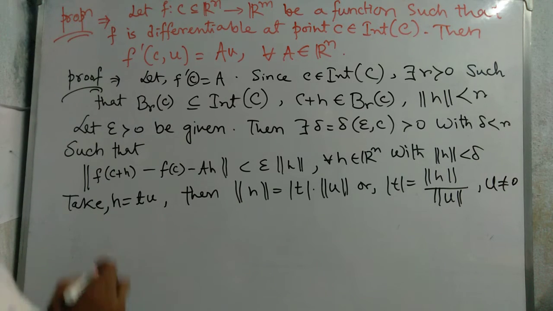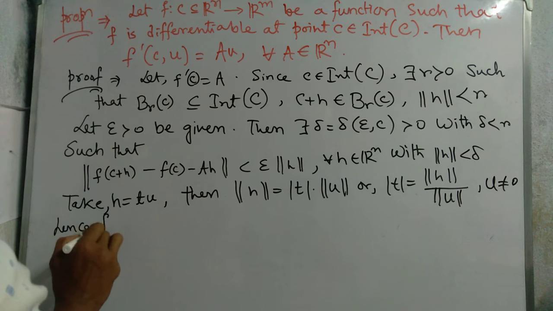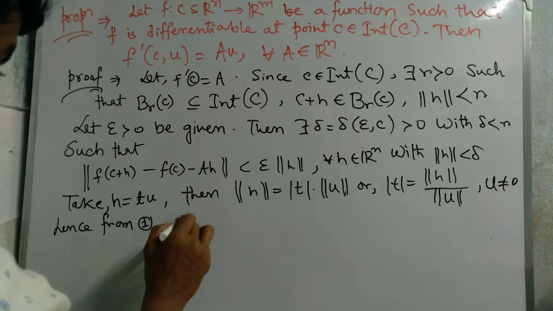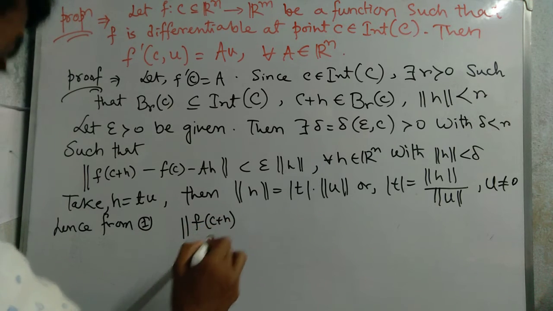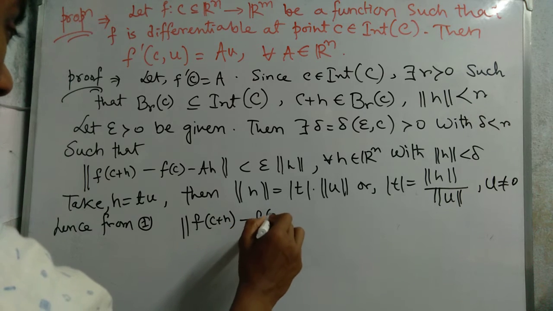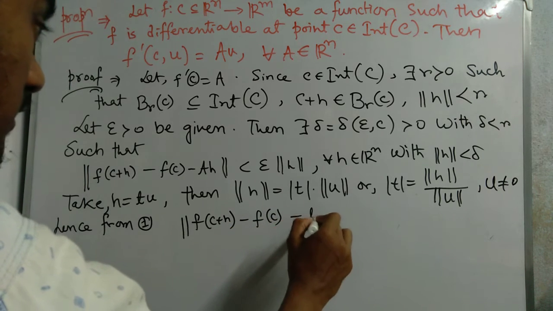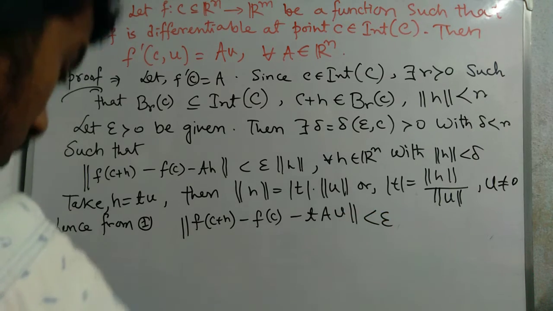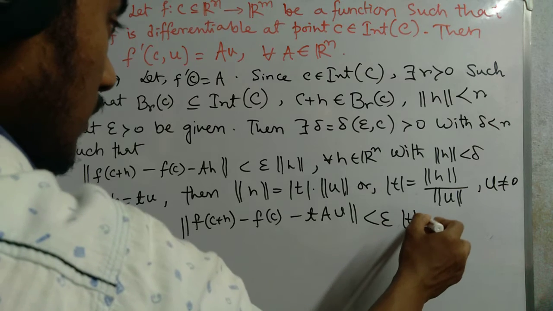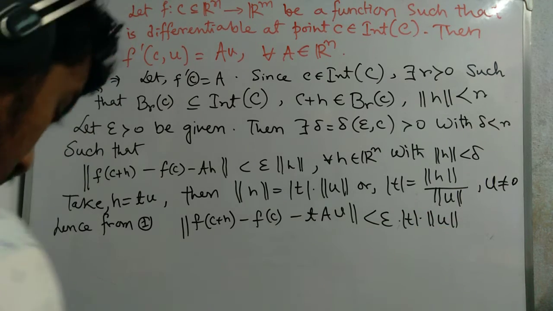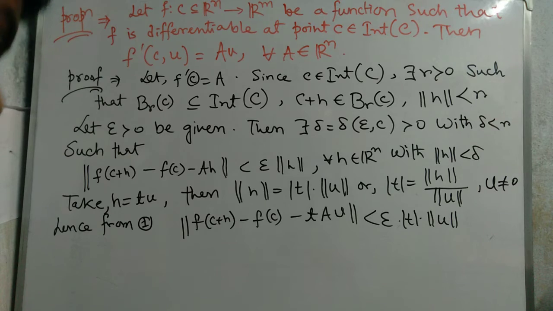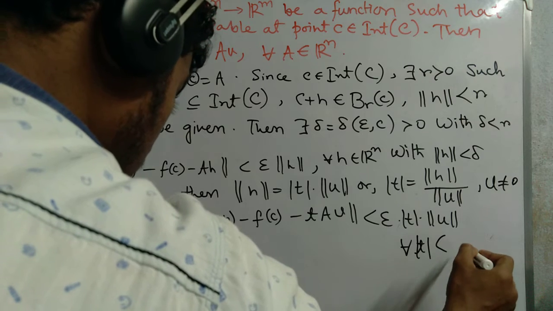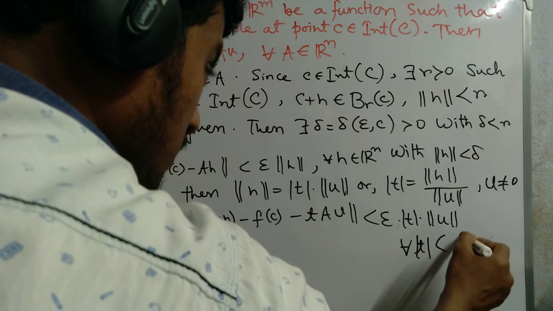Hence from (1), norm of f(c plus tu) minus f(c) minus tAu is less than epsilon t norm of u for all t less than delta by norm u.